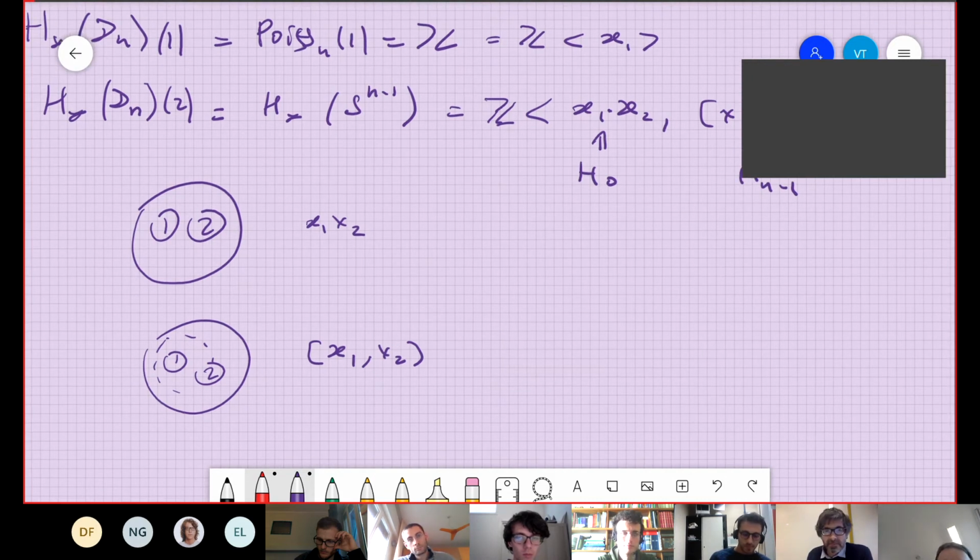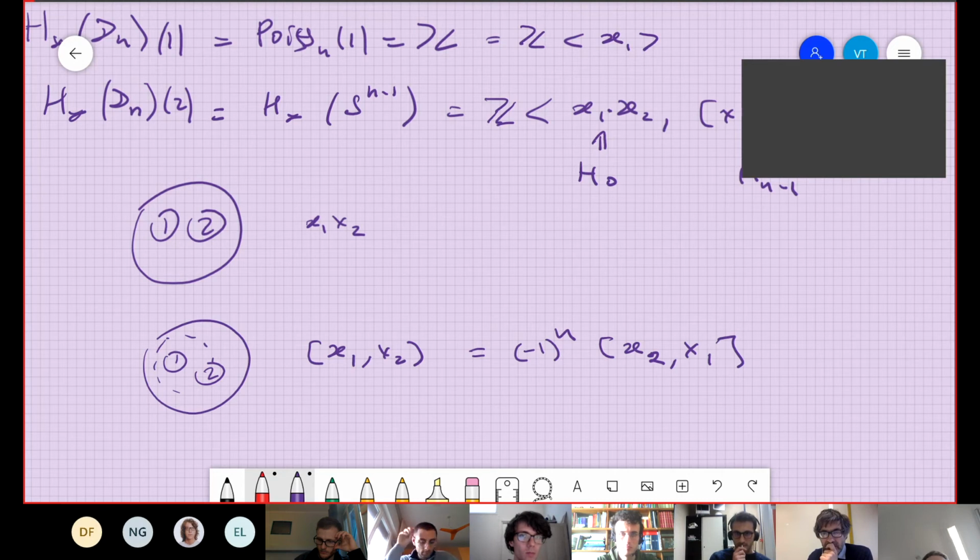Which is (-1)^n times the bracket of x2, x1. So sometimes it is symmetric, sometimes it's antisymmetric. That's essentially because the central symmetry of the n-1 dimensional sphere changes the sign.